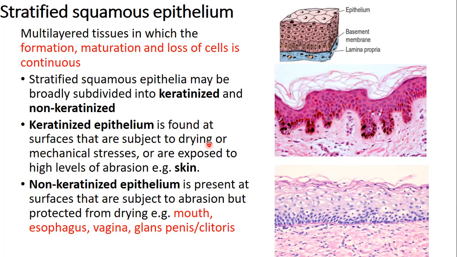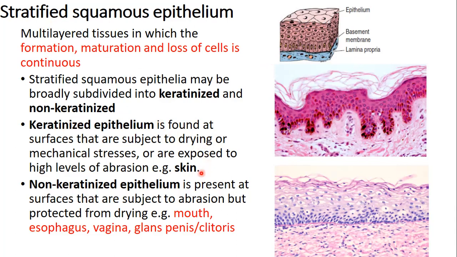So to prevent excessive water loss, a special type of protein fills up the cytoplasm of these cells in the superficial layer. So these cells will be filled with keratin inside there. The nucleus is lost, and therefore the whole cell becomes filled with keratin. Hence, we call it keratinized stratified squamous epithelium.